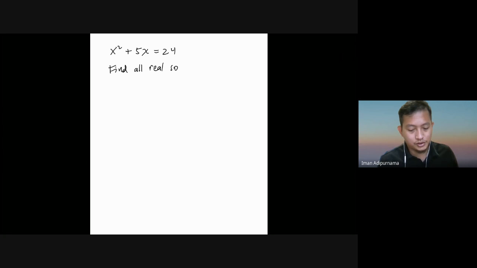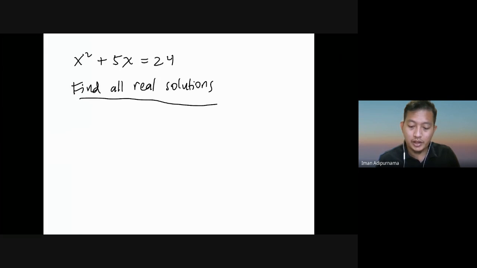real solutions. Now, because we already know from the number system, we have the natural numbers, the integers, the rational, irrational, and then we have the real numbers. We also have the complex numbers, but we are in the real numbers realm, right?